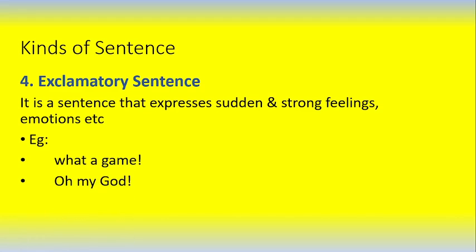Or you suddenly missed the bus and tell your friends, oh my god, I missed the bus. Wow, that's a nice movie. You are expressing your feeling. So these are the various kinds of sentences.